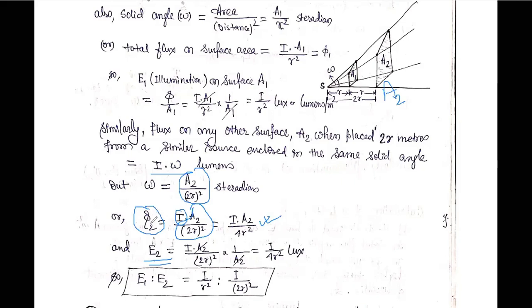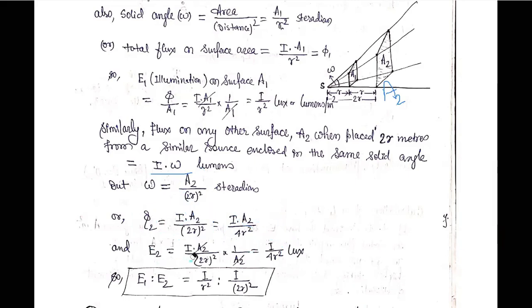So phi 2 divided by A2 is equal to I divided by 4R square. This is nothing but I divided by the whole square of 2R. So again, this satisfies the inverse square law.